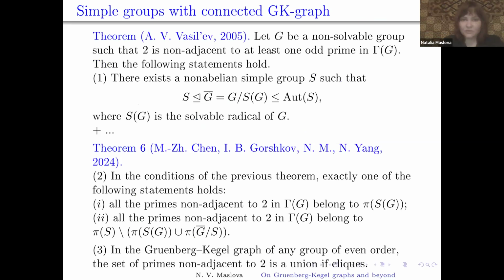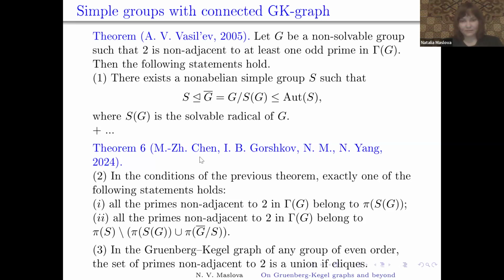What about the case of connected Gruenberg-Kegel graph? There is a strong generalization of the Gruenberg-Kegel theorem, which established that if we take a non-solvable group such that 2 is non-adjacent to at least 1 odd prime on the Gruenberg-Kegel graph of this group, then there is a non-abelian simple group S such that the factor group of our group by its solvable radical, not nilpotent radical, but solvable radical, is almost simple with socle S. And there are some extra conditions.